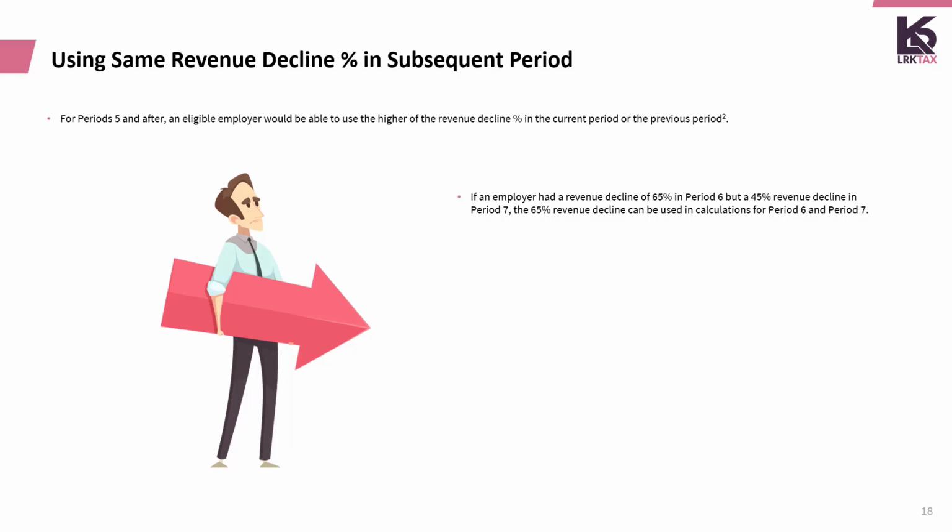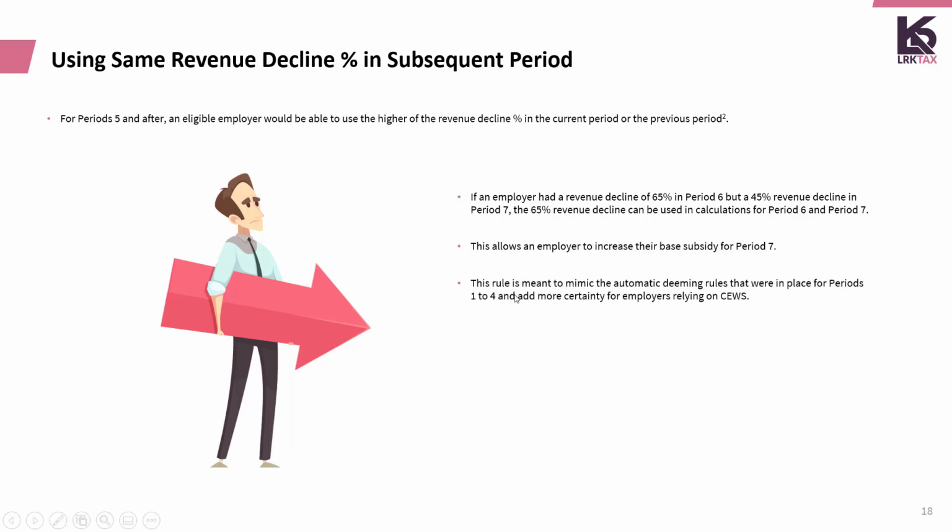I would be calculating my CEWS using a 45% revenue decline. So this mechanism allowing me to use 65% for both periods 6 and 7 is far superior to the old rules, and it basically provides a superior result, which should lead to a greater CEWS subsidy for people taking advantage of this rule.